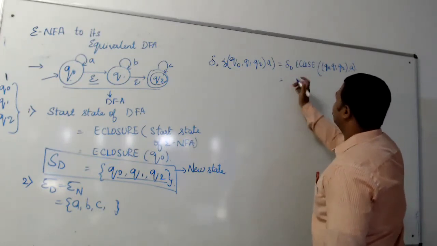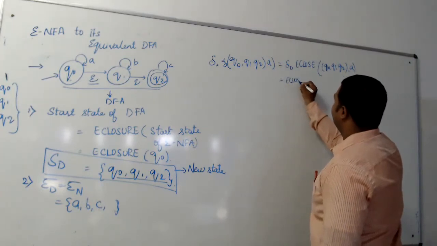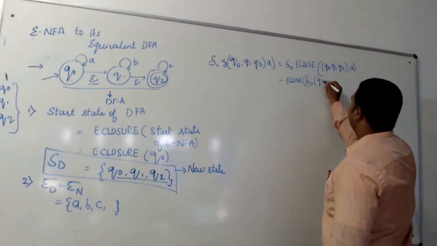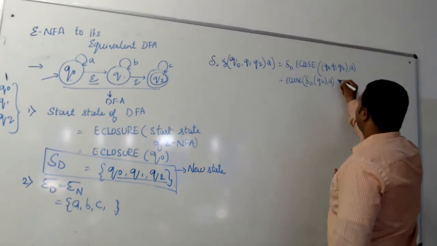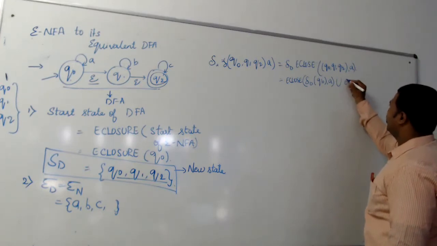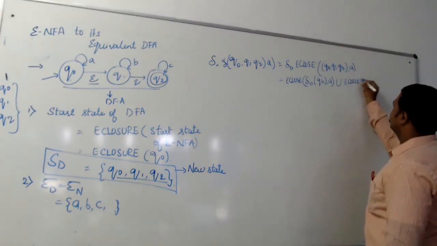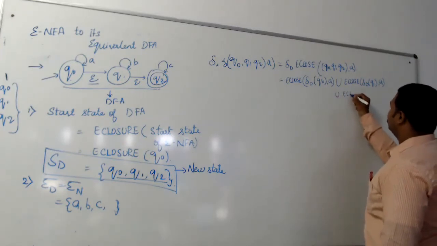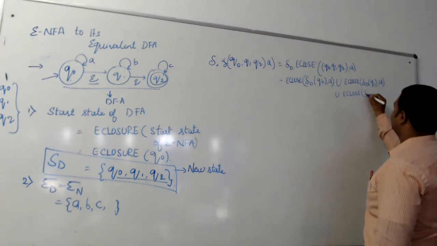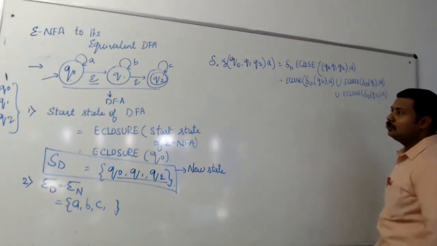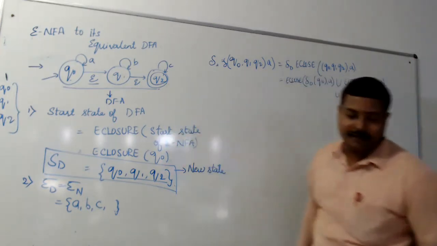I'll write like this: E close of transition of NFA upon Q0 on A, union, next Q1 on A, that is again E close of transition of NFA upon Q1 on A, union E close of transition of NFA upon Q2 on A. So now we are going to check with this particular DFA transition.